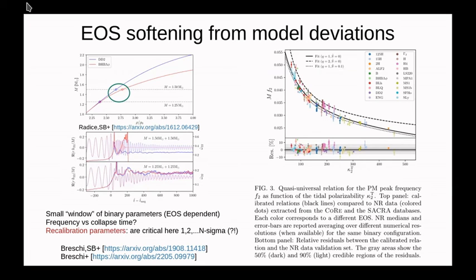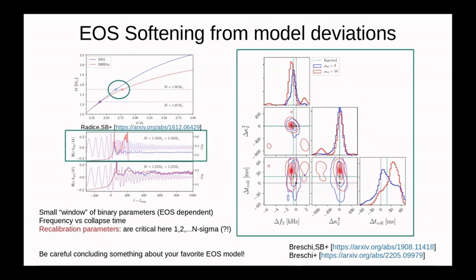So we have an artificial example of this, and in this case we are considering an equation of state with hyperons. We simulated this with a full Bayesian analysis, and what we find is that it is in principle possible to find the signature of this effect as a deviation from the equation of state independent relation.